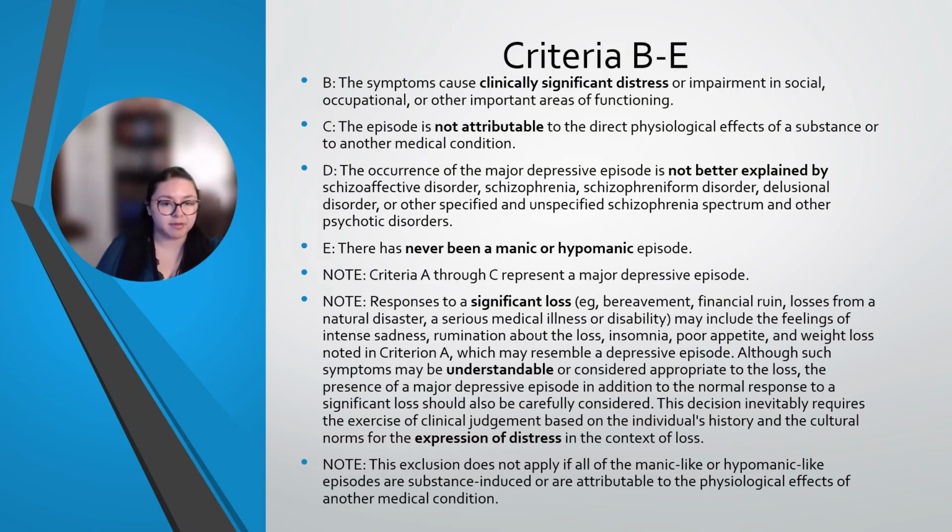diagnosis. Here we have some notes. This is directly from the DSM. So right here it just says A through C represent a major depressive episode. It's not significant loss. And in the DSM-5-TR, which we'll go over, there's the addition of prolonged grief disorder. So differing from that, is it possible to have major depressive disorder and grief? Yes, but that shouldn't be the main diagnosis considering someone's grief.